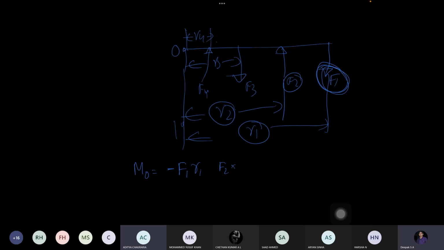Perpendicular distance R2. You always measure the perpendicular distance from the point of load to the point O. For force 1, from here to here you have to measure. F3 means here to here, F4 means here to here. Is it clear? Yes, sir. So now F2 into R2 we are taking. Is it clockwise or anti-clockwise? Sir, anti-clockwise. Very good. So anti-clockwise means positive. Is it correct?